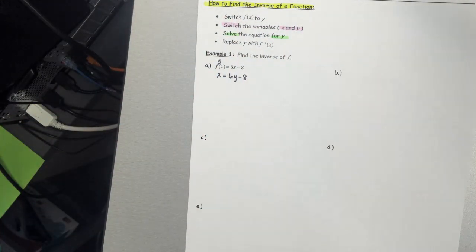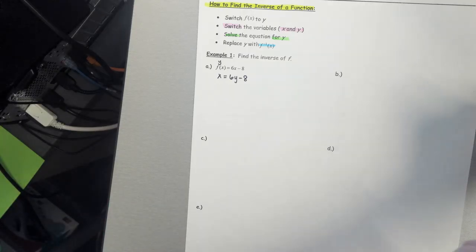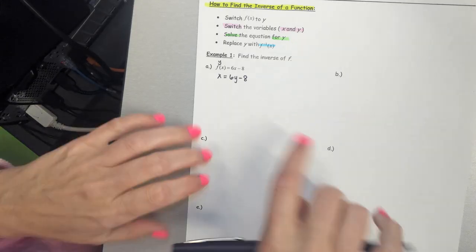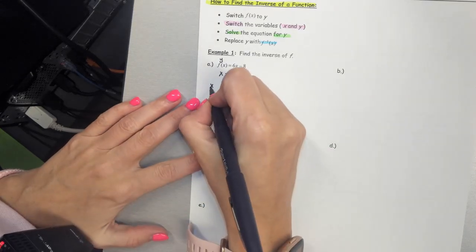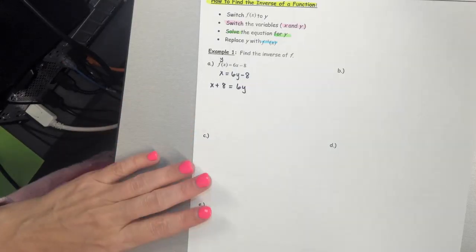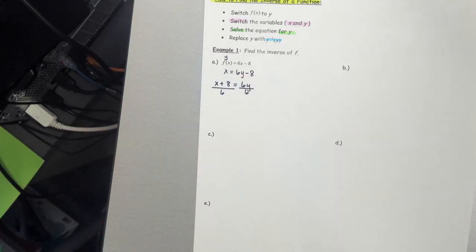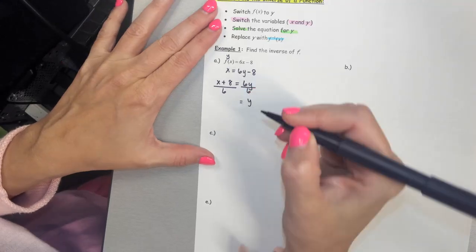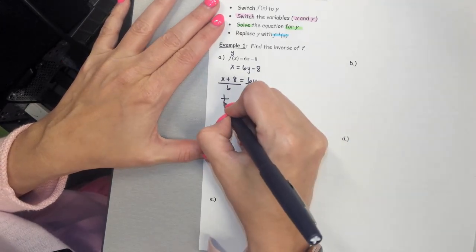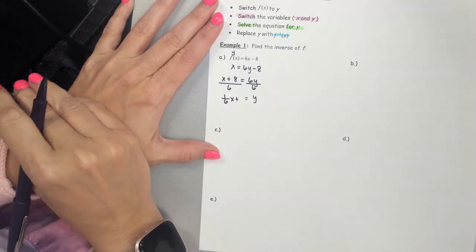Okay, and then when you write your solution, you just want to write that in inverse notation. That will be our last step there. If I'm solving for y, in terms of work, I'm fine if you write it like this, like you are adding the 8 over there, and then you're dividing by 6. Anytime it's linear, we really do want to write this in slope-intercept form, which would be 1/6x plus, and then 8 over 6 you can reduce.